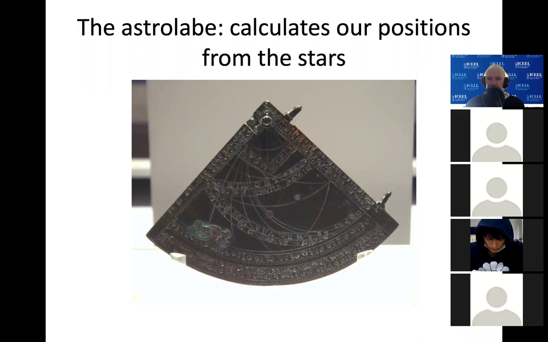You're using this machine, and you're using the stars, and you're finding out where you are. And this goes back a long way, right? So people were doing these calculations, particularly as people were traveling on ships to distant places. They needed to know their positions. So the astrolabe was one of these early calculating machines.